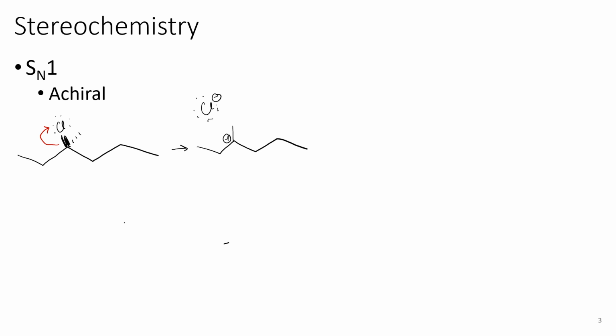So this is a trigonal planar structure, which means the nucleophile is attacking something that is very planar. It can attack from the front of it or it can attack from the back of it. I'm going to bring in a new nucleophile, and I'm just going to use iodine as our new nucleophile that is going to come in and do the attacking for us.